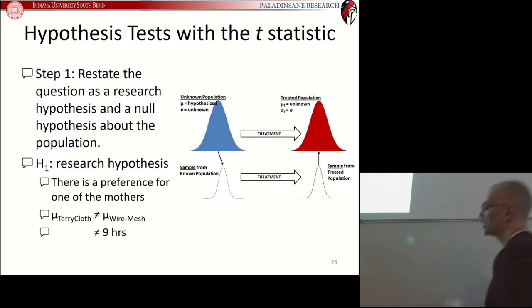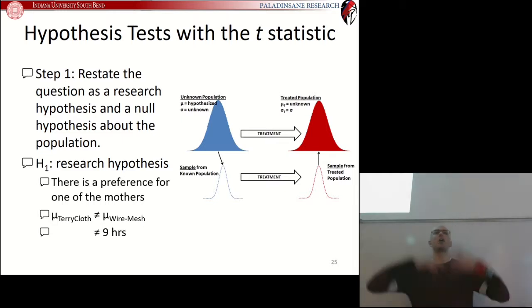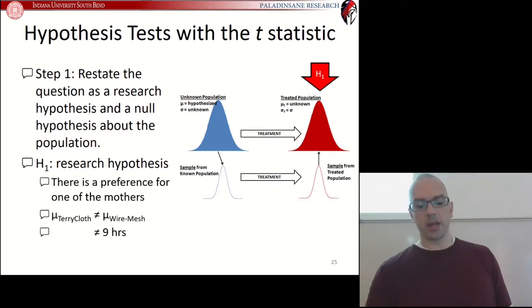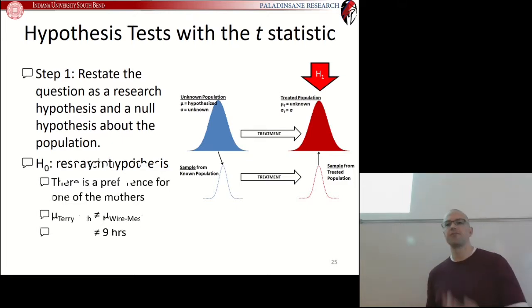So the monkeys that we have belong to this treated population that has an unknown preference for one of the mothers. It has an unknown time that it spends on average with one of the mothers, but we definitely know it's not going to be 9 hours. They're not going to split the time up evenly. That's the research hypothesis. It hasn't changed since last time.